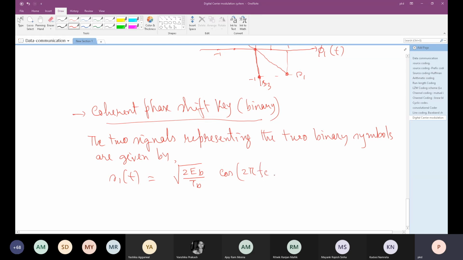And the √2 factor is coming because the energy is associated with the RMS value.